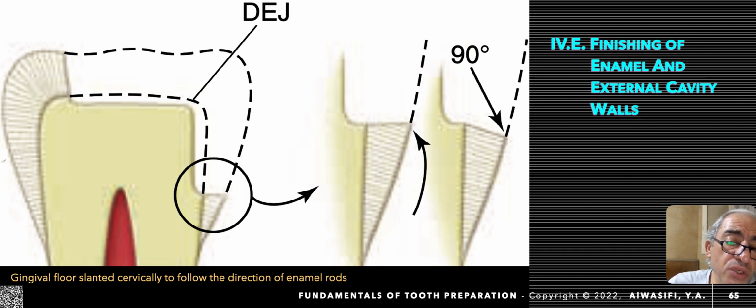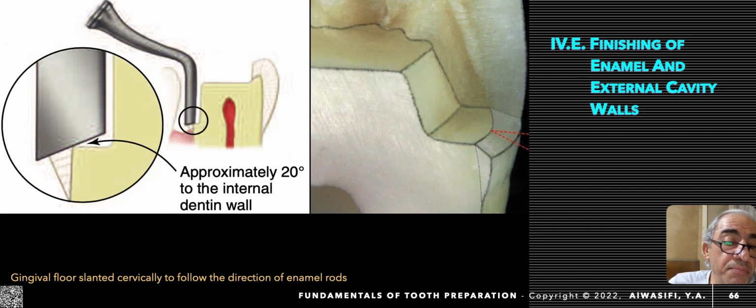When you cut it with your burr, which is Fisher burr, it will appear to be straight, parallel to the pulpal floor, but actually histologically this is not the direction of enamel rods. That's why with gingival marginal trimmer you should trim it this way. If you notice the right side photograph, it should be slanted downward using a gingival marginal trimmer just to bevel this margin.